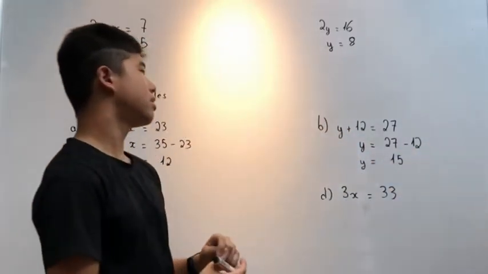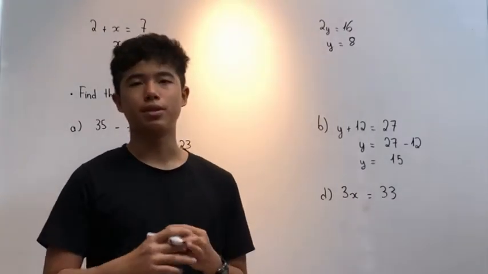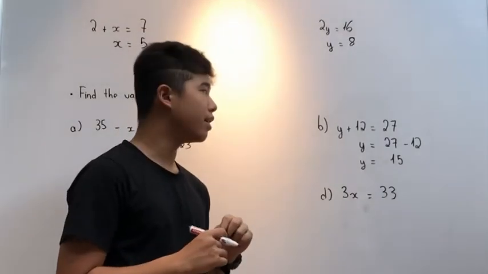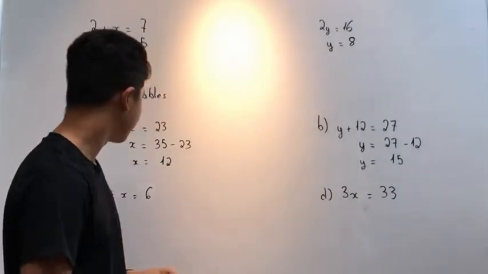So the answer is 15. 15 plus 12 is equal to 27. Let's check it out. 5 plus 2 is 7 and 1 plus 1 is 2. So the answer is correct.